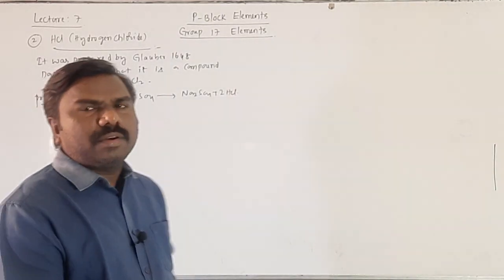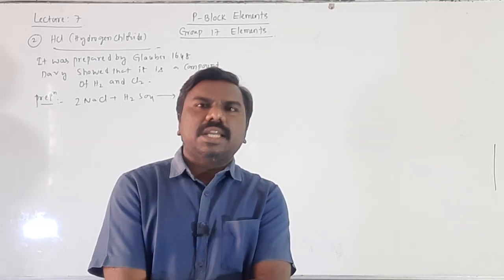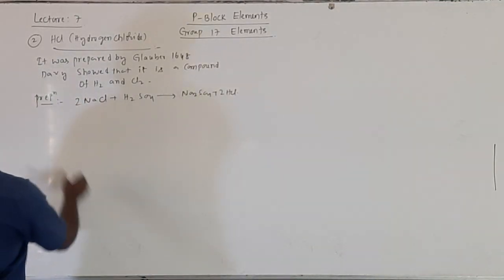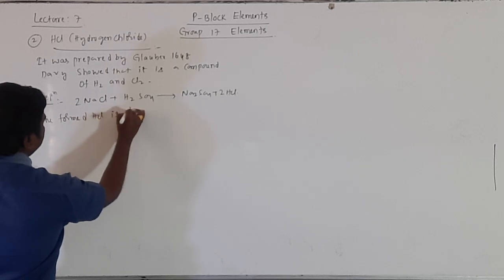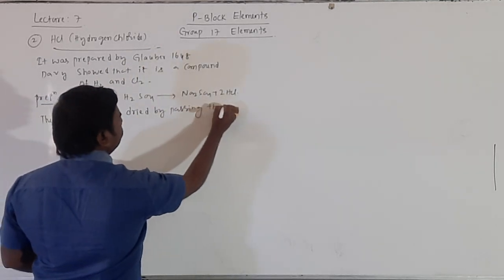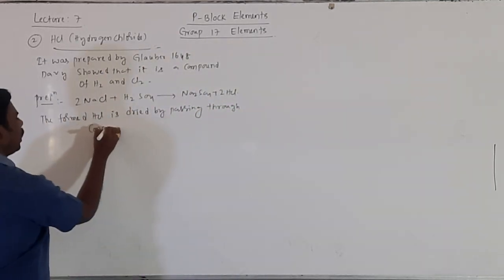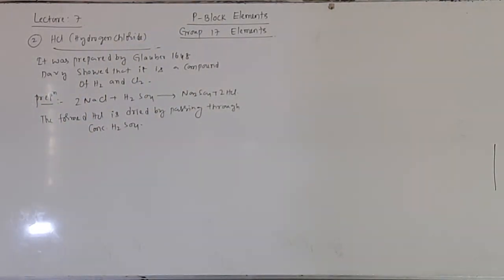The formed hydrogen chloride is dried by passing through concentrated sulfuric acid. Concentrated sulfuric acid is used as a dehydrating agent. It removes the water which is present in the hydrogen chloride.